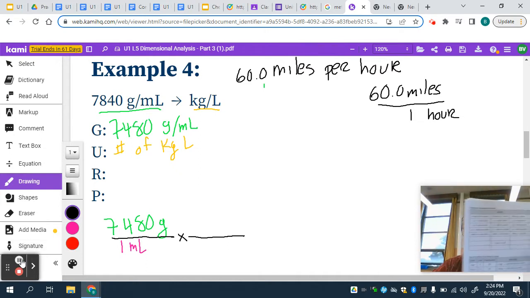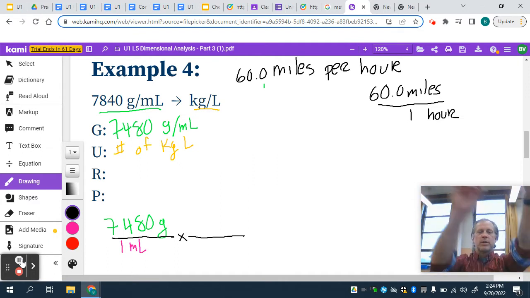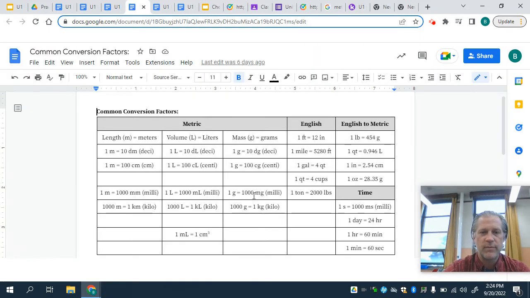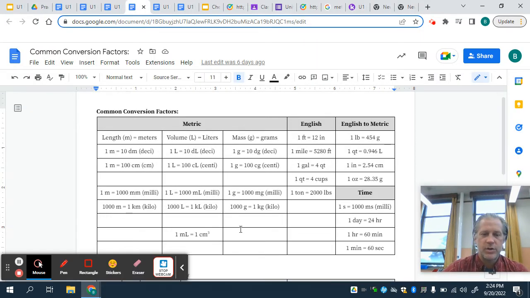I wanted to grab the conversion sheet because that's something that is going to be important for us. So in this case, we're going to go from grams per milliliter to kilograms per liter. So I'm going to hop over to our conversion sheet. On our conversion sheet, we have mass, and mass is in grams. So I'm going to look down and see if there's a relationship between grams and kilograms.